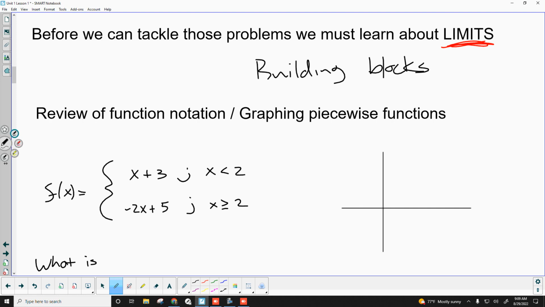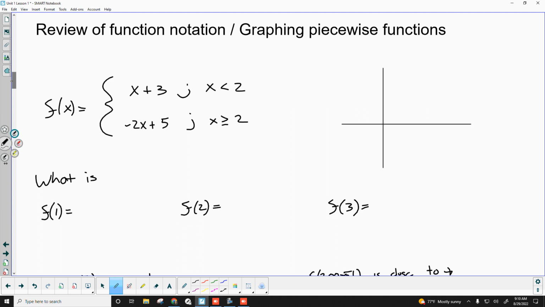Okay? Say, lesson 1, we're learning about limits. Now, you're not going to see the word limit for the first half of the notes. Okay? What we are going to see to help us understand limits are piecewise functions. Oh, goodness. Now, good thing to know is that this whole graphing, which freaks you out because you don't have a calculator, you don't really need to know how to do.